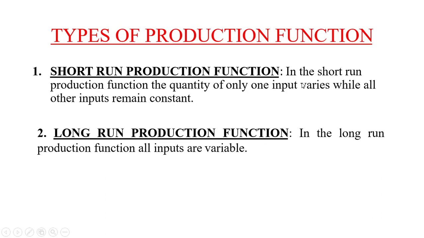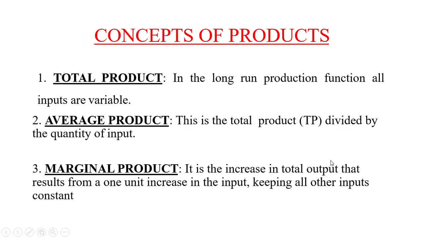But in short run production function, I'll repeat again, if you are changing the labor, you cannot change the capital. One input varies, another remains constant. But in case of long run production function, both can be changed. That is, the labor also can be changed and the capital also can be changed. So these are the two types of production function.